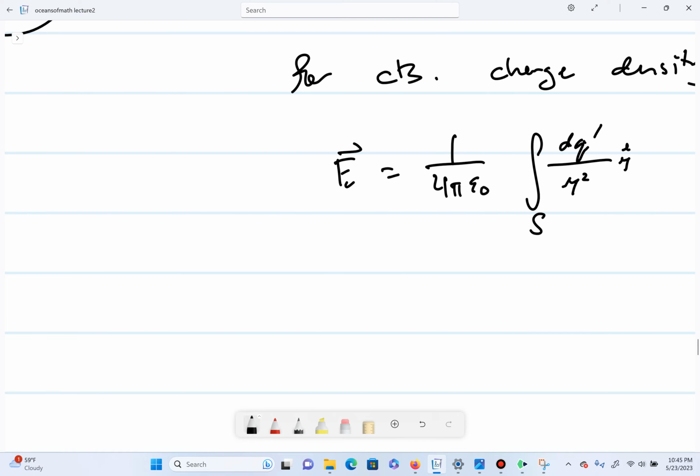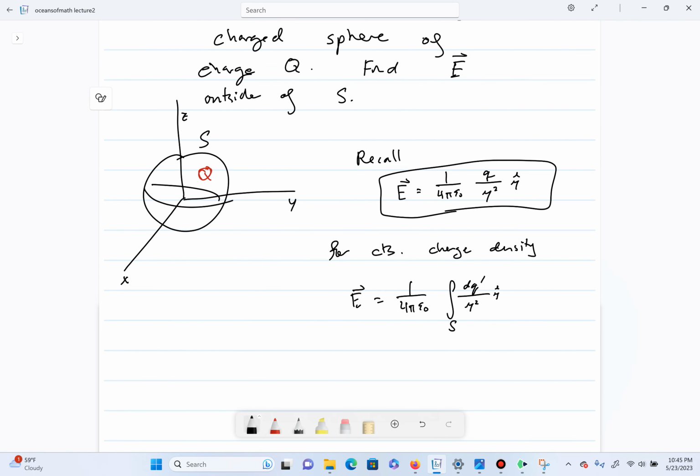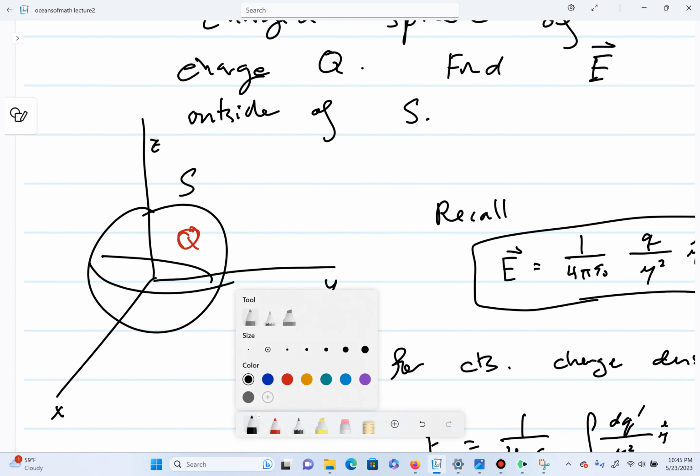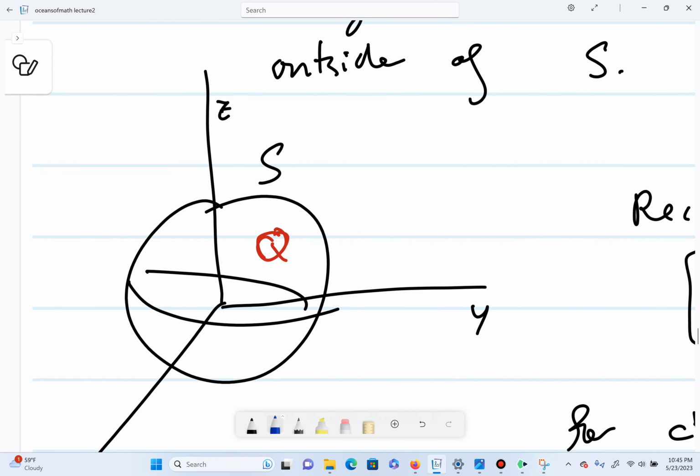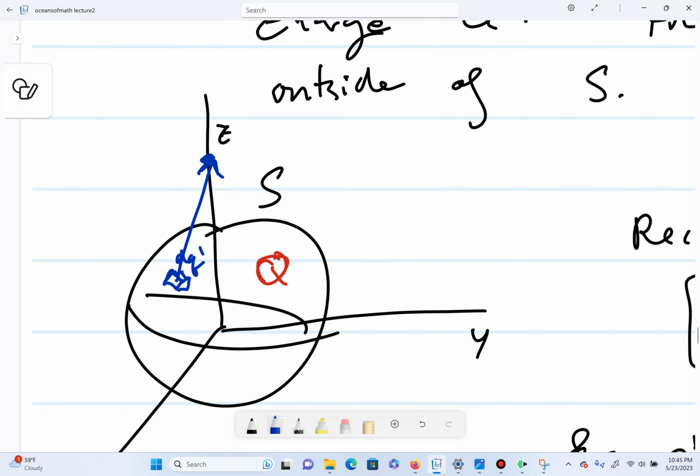Now cursive r is the vector that points from the source charge dq prime to the point in space where I want to know the electric field.